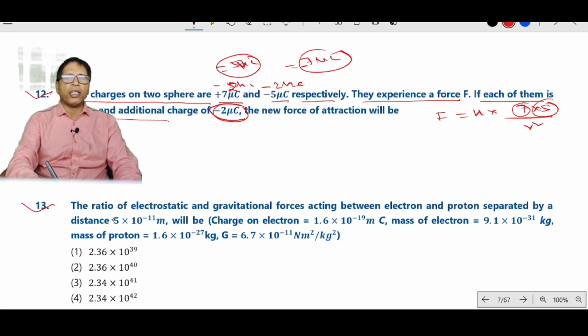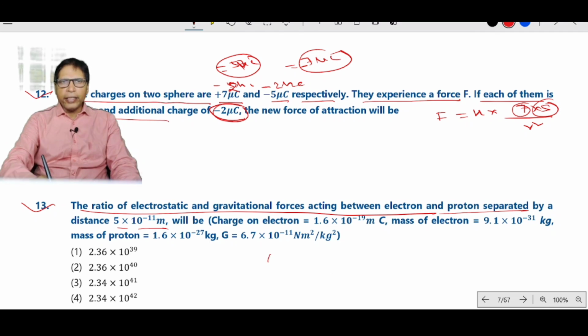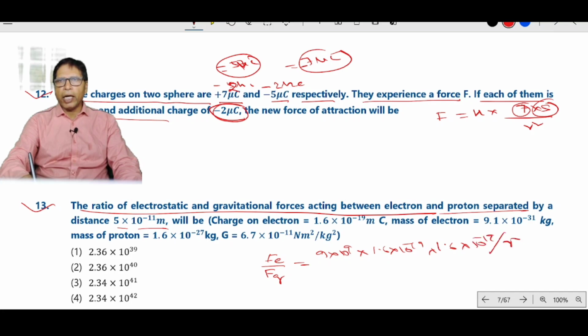Now question number 13. What is the ratio of the electrostatic and gravitational force acting between an electron and a proton separated by a distance of 5 into 10 to the power minus 11 meter? The electrostatic force by the gravitational force Fg equals 9 into 10 to the power 9 into the charge of electron, 1.6 into 10 to the power minus 19, and the charge of proton, 1.6 into 10 to the power minus 19, whole divided by r square.